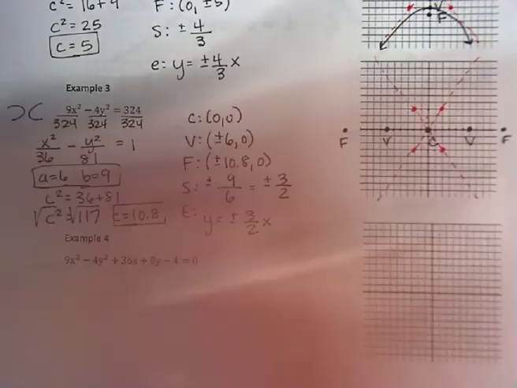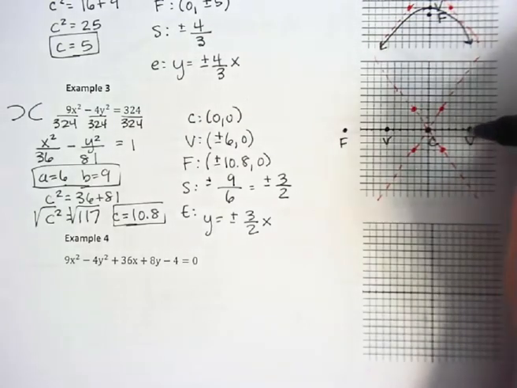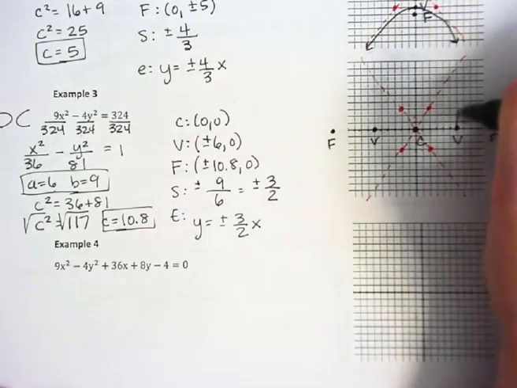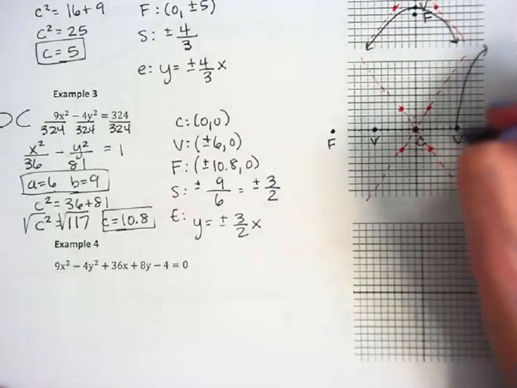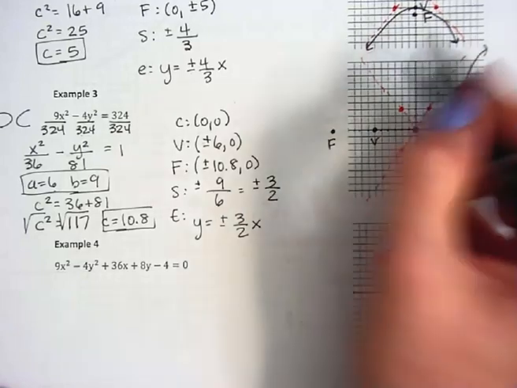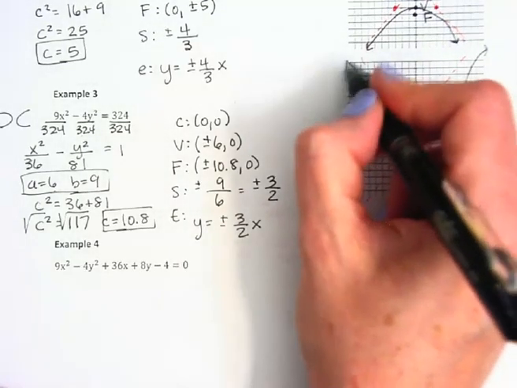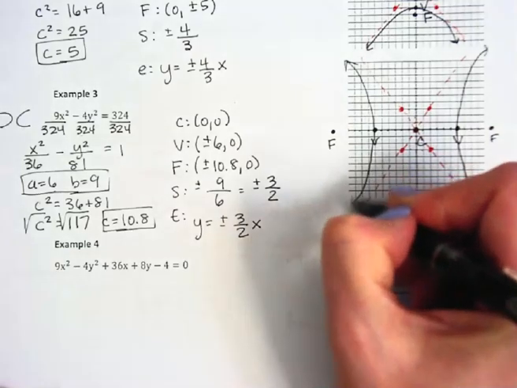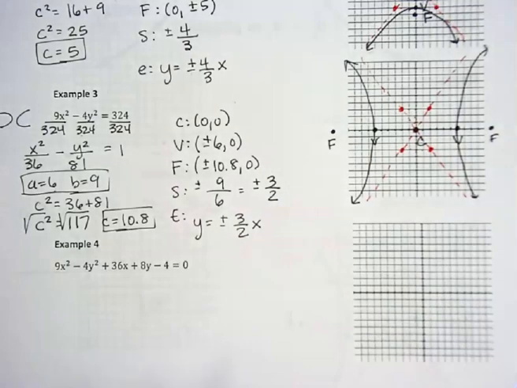And then we draw our shape starting at the vertex and expanding to meet those asymptotes. And there is that problem.